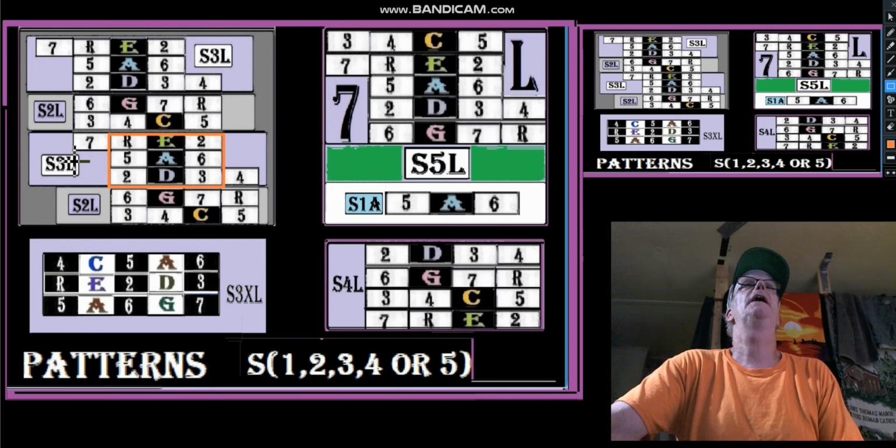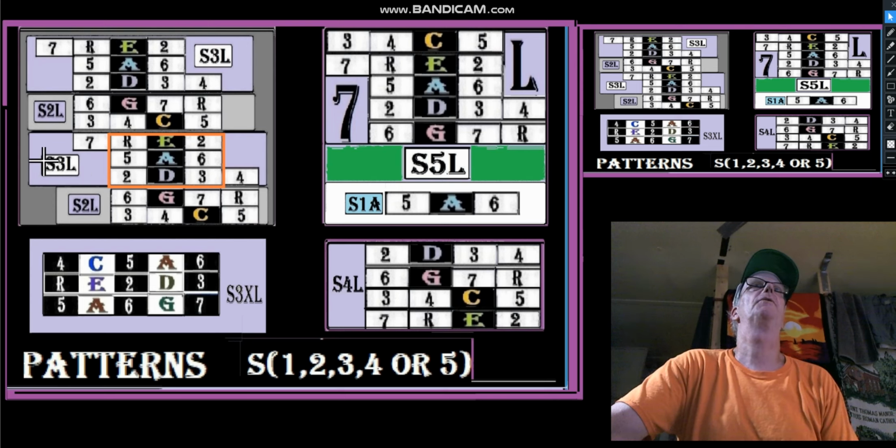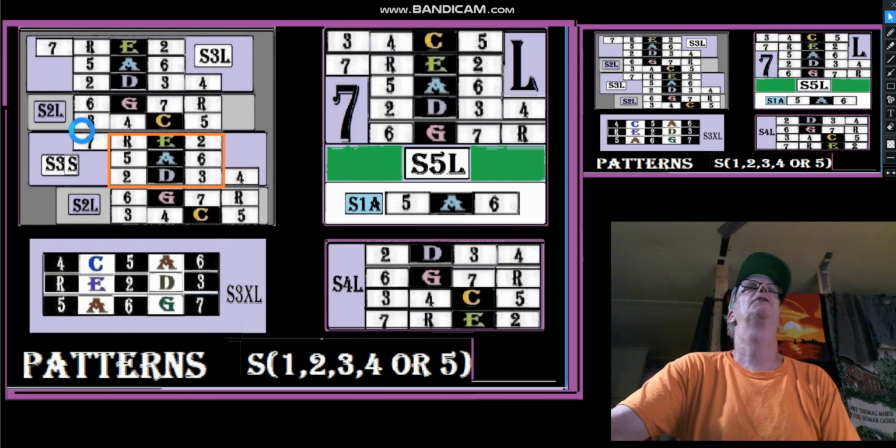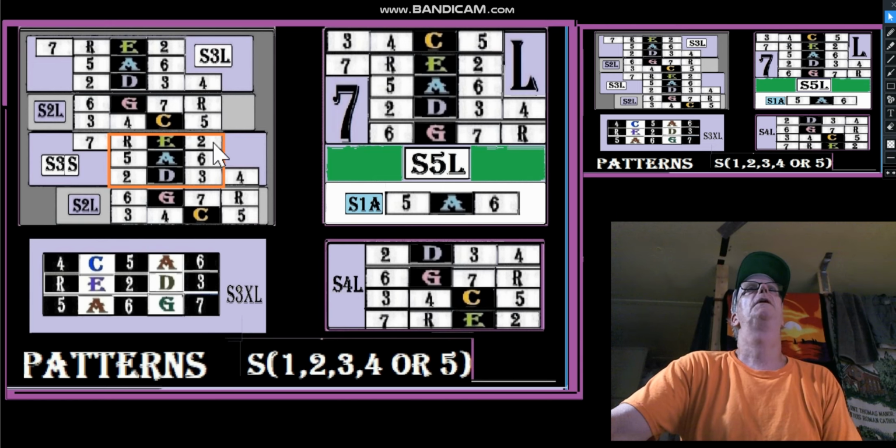So that would be an S3S. Okay? How would we signify that? We would simply do this. That is an S3S right there. See in the red box? S3S.